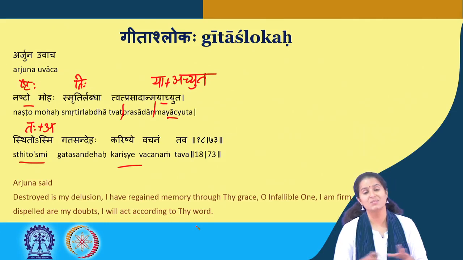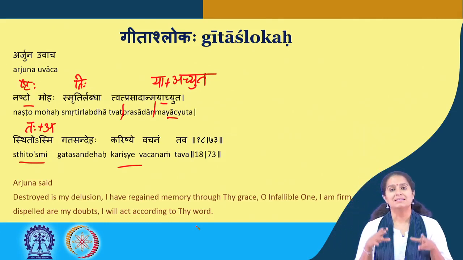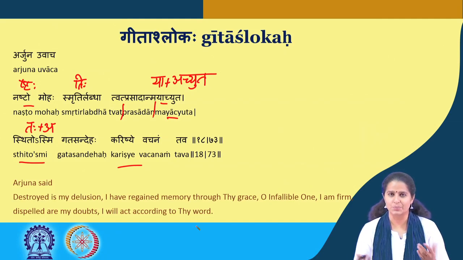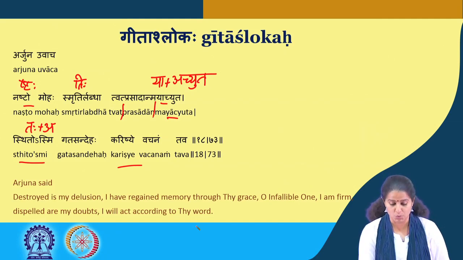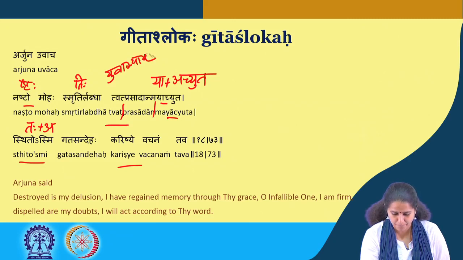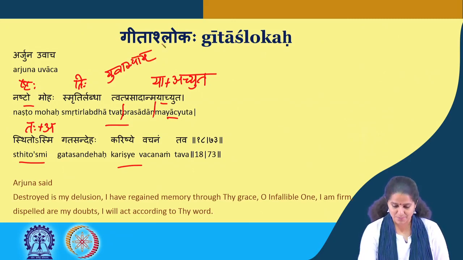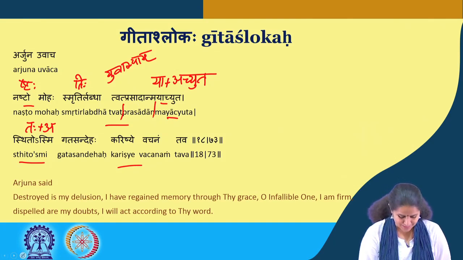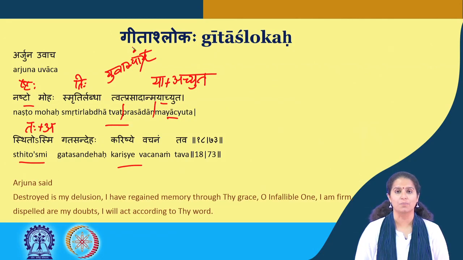In this case we see that there is a usage of the second person in the singular. Supposing you wanted to make the dual of tvat, from you, it would be yuvabhyam. Because it is prasada, you put a dot on top there.